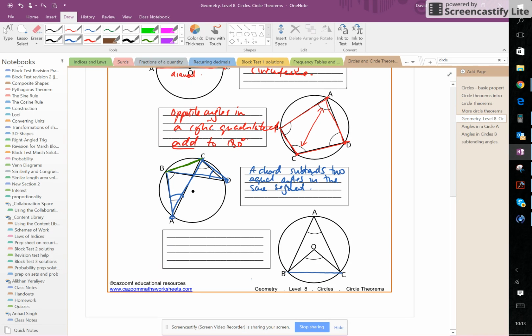And I know a chord subtends an angle to the center, so that's this one, twice that subtended to the circumference. So a chord subtends an angle to the center twice that to the circumference.